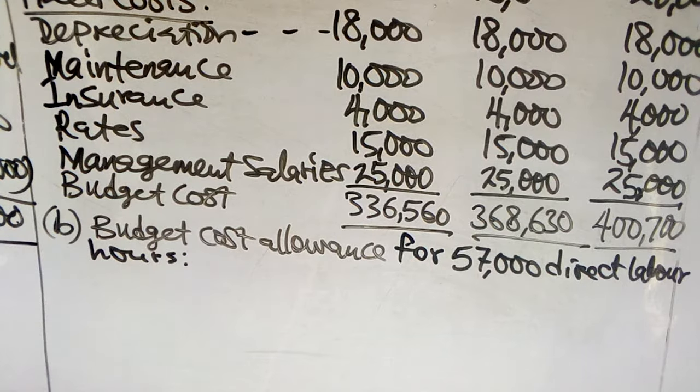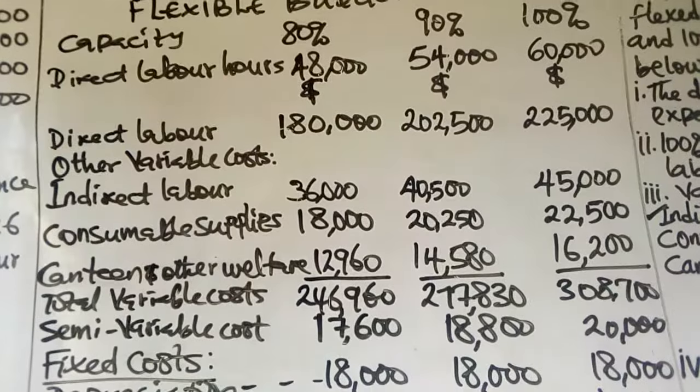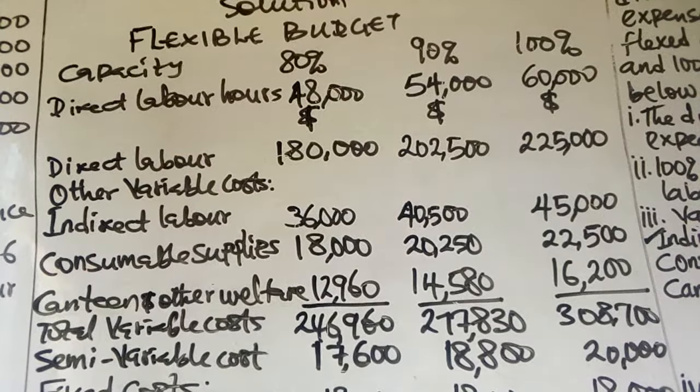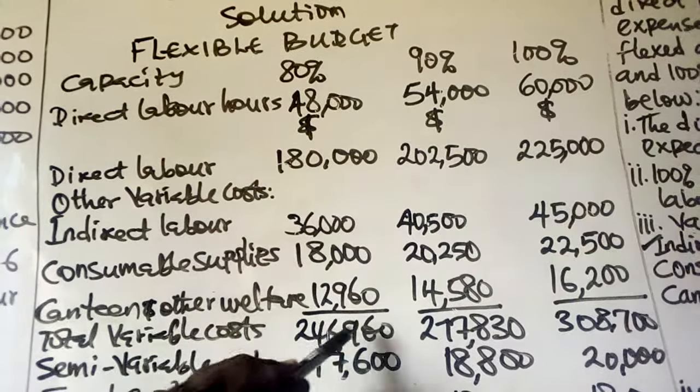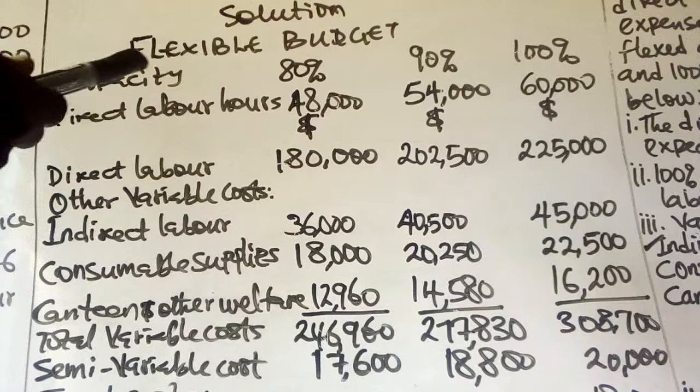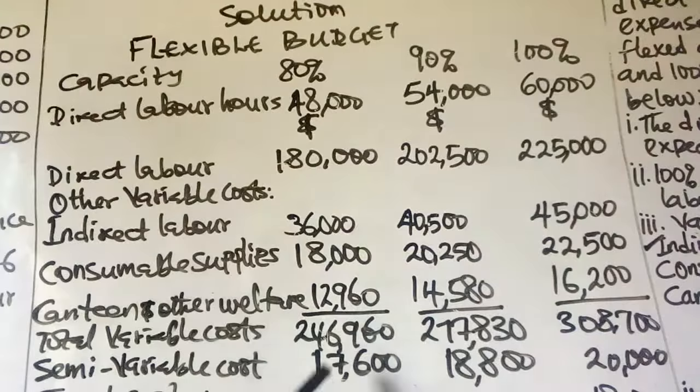If you look at all the cost components, the first section we had is the variable cost. The variable cost per unit is always constant. If you look at 80% capacity, our total variable cost was 246,960.